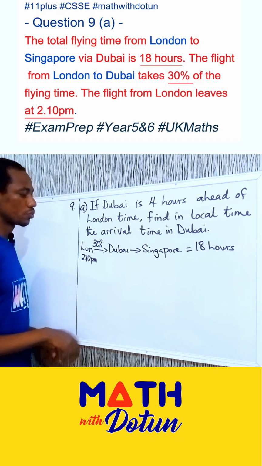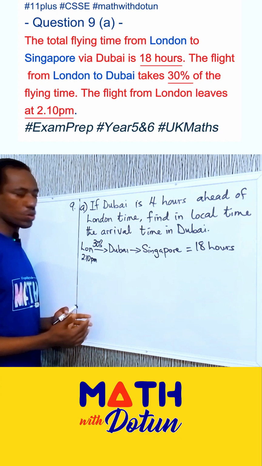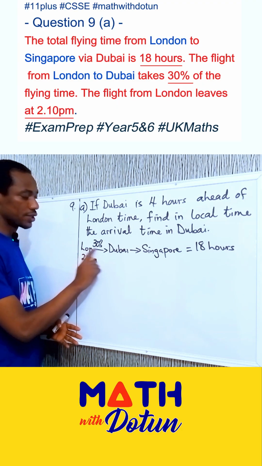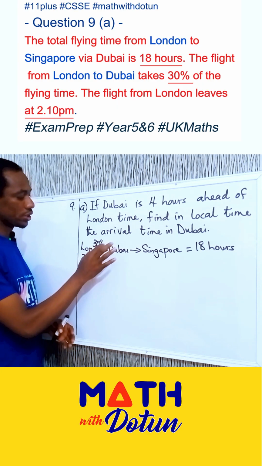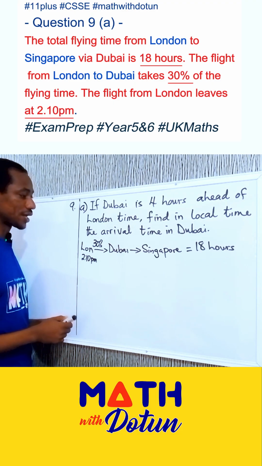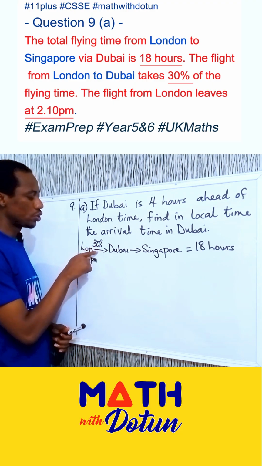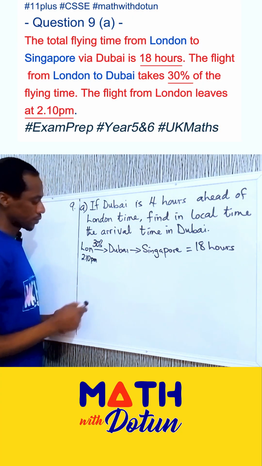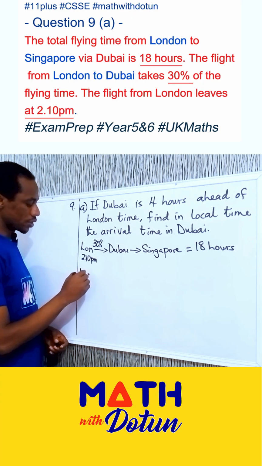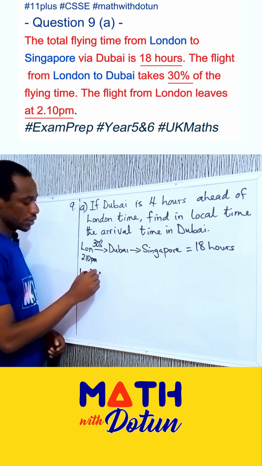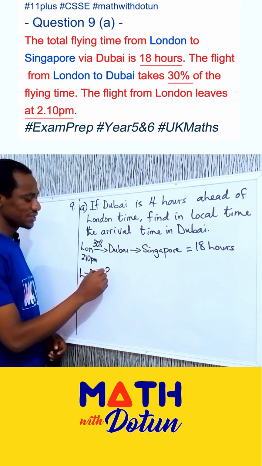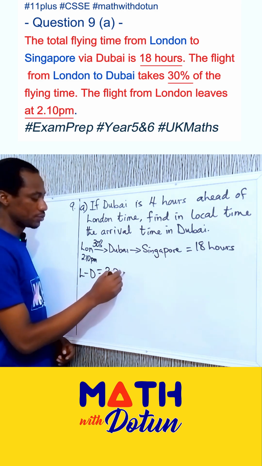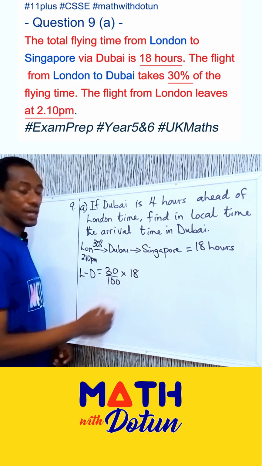Okay, so first we need to know what is the time spent from London to Dubai. We're only given a percentage, so let's calculate the time. From London to Dubai, we know it's 30% of the total flying time, which is 18 hours.